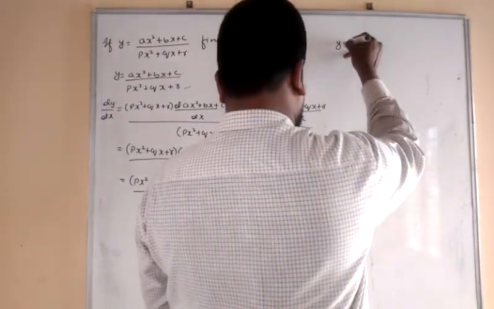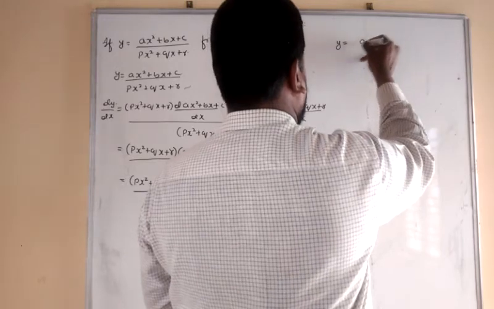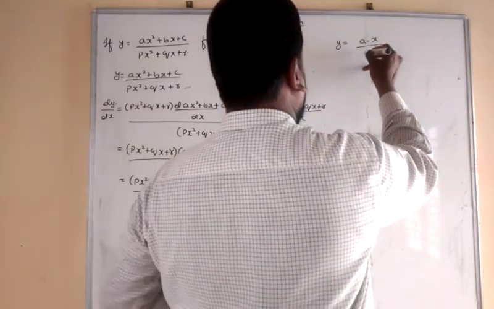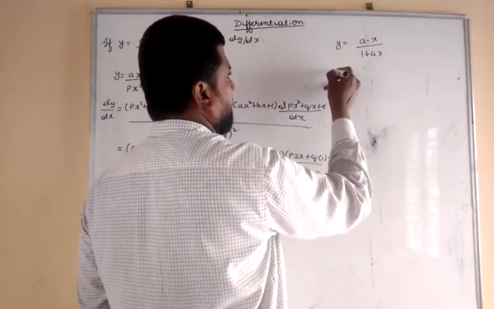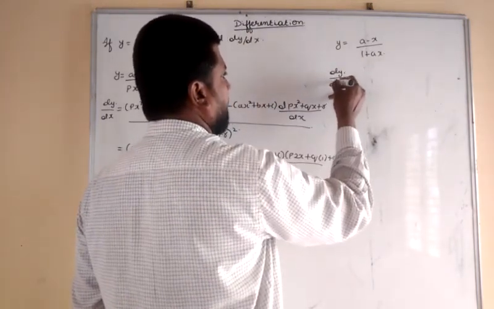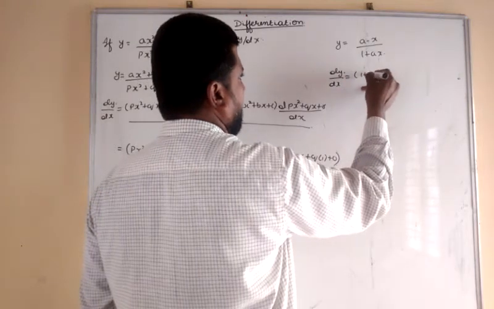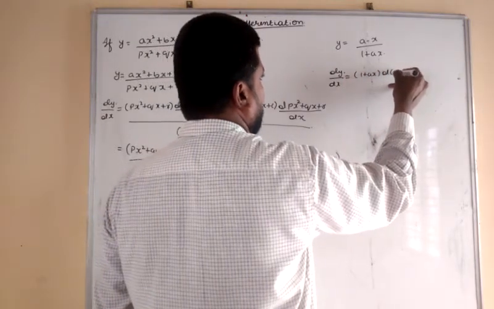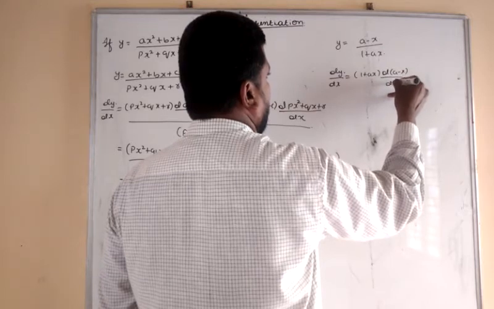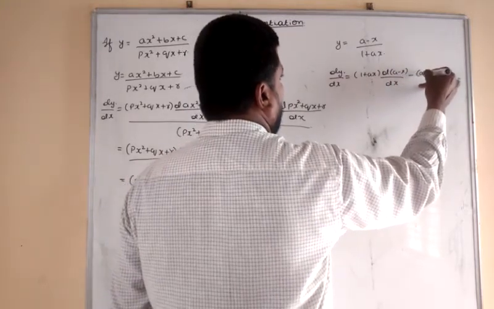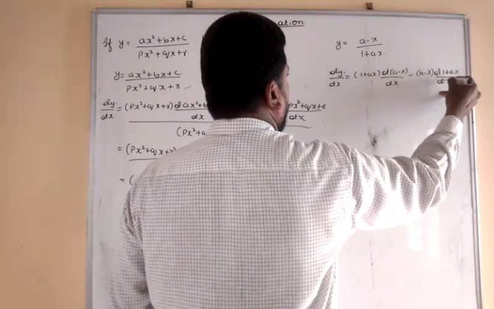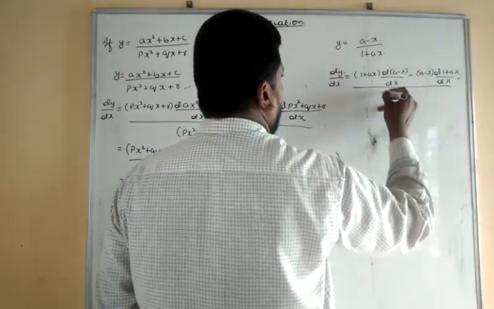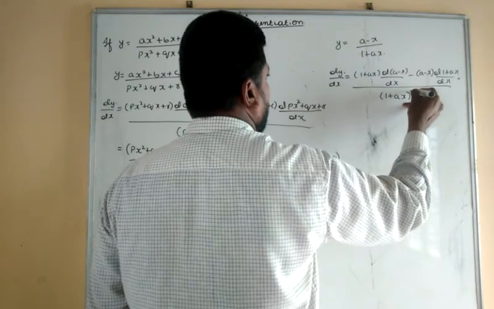y is equal to (a minus x) by (1 plus ax). Okay, so let us apply the formula here. Differentiation of y with respect to x, 1 plus ax into differentiation of a minus x, minus a minus x into differentiation of 1 plus ax, by (1 plus ax) whole square.